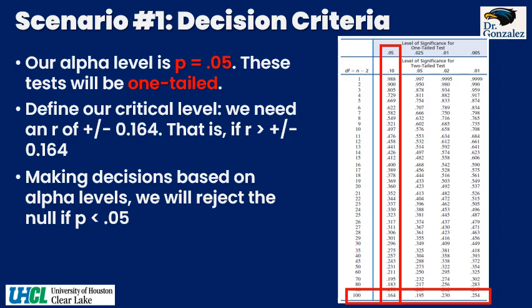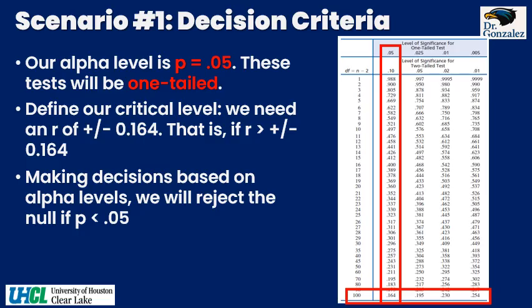So our next step would be to determine the decision criteria. And I included the thing from the book because I wanted you to see how that correlates to the results that you get in Jamovi. But when I ask you to do this on a test problem or an assignment, I want you to focus on that alpha level and our p-value for our probability to reject or retain.